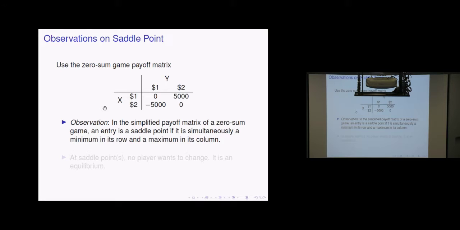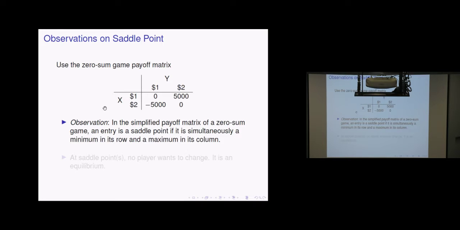Now, let's go back to the example. Using a zero-sum game payoff matrix, let's look at this example. In this matrix, an entry is a saddle point if it is simultaneously a minimum in a row and a maximum in a column. What does it mean?